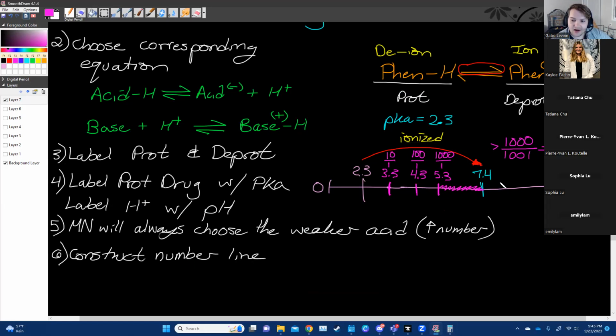So at 7.4, we are going to be more than 99.9% ionized. So the math tells us the number. The diagram tells us what kind of structure we have.